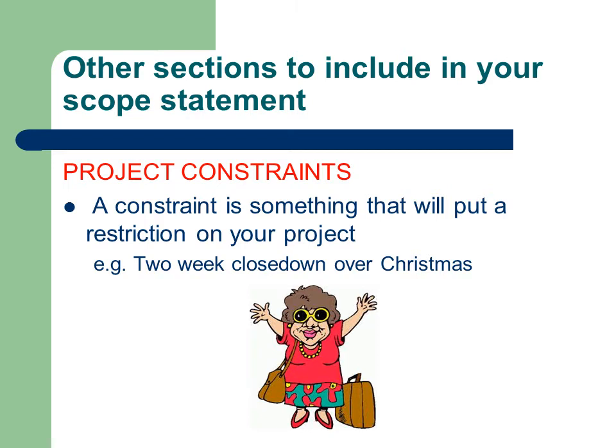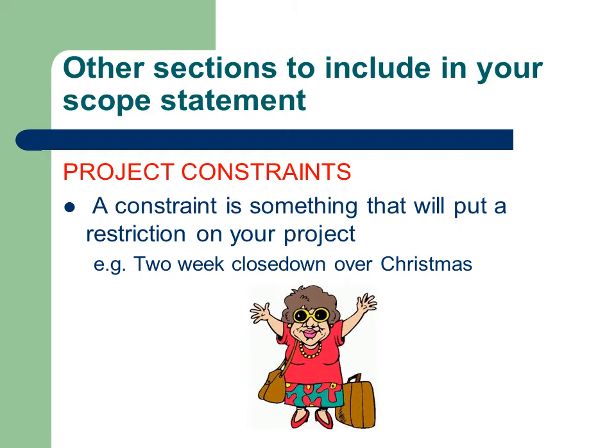We are now going to cover some other sections which you should include in your scope statement. The first one is project constraints. A constraint is something that will happen whether you like it or not. It will have a 100% chance of occurring unless something is done to change the situation.